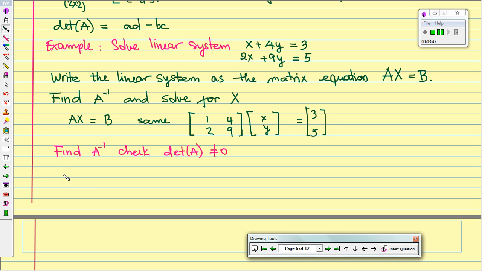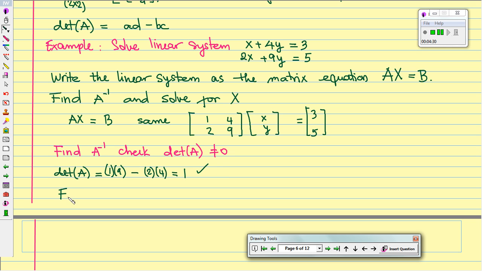So start with matrix A. The determinant of A is the difference of the products of the diagonals. So 1 times 9 minus 2 times 4. We did this one in the previous video, and 9 minus 8 will be 1. So this is not 0, so we check. Therefore we can find the inverse right away.